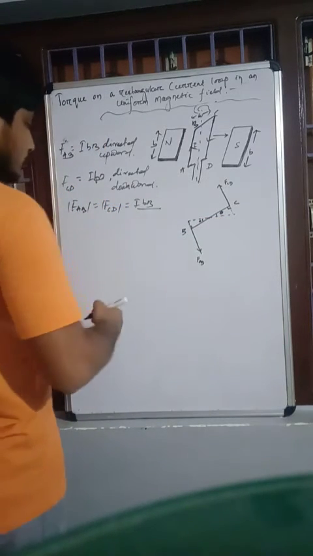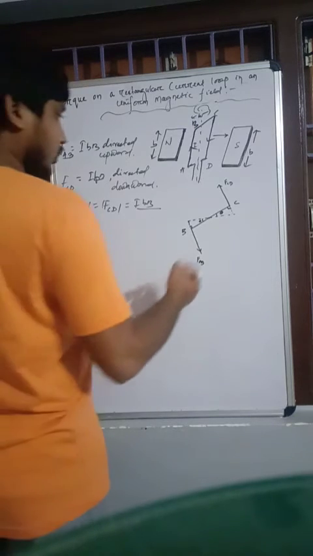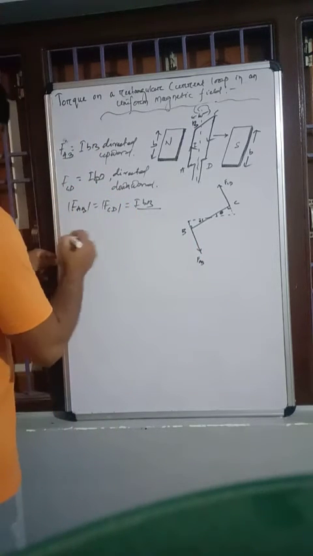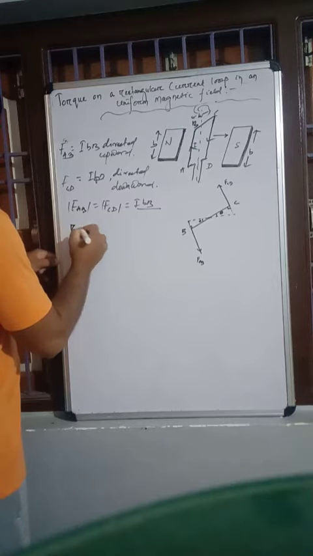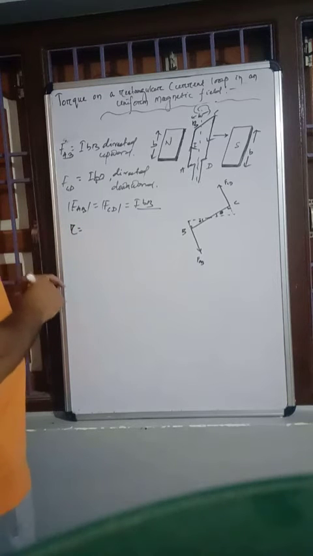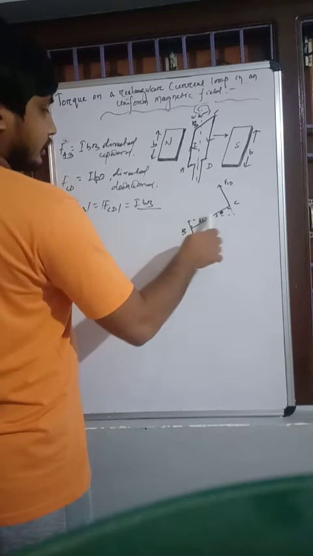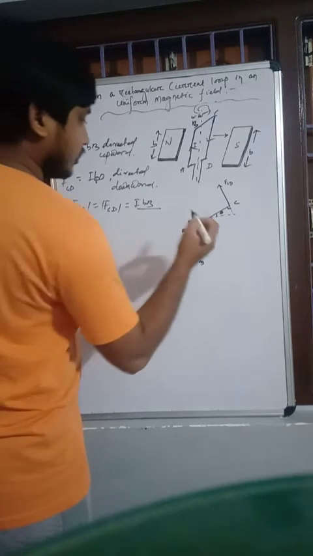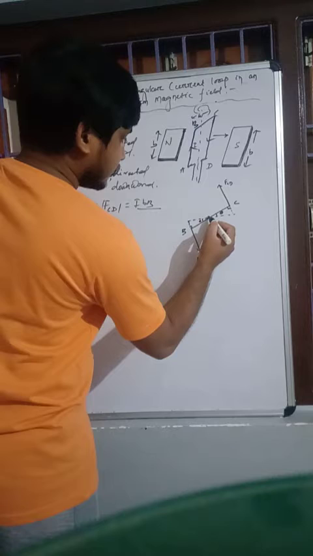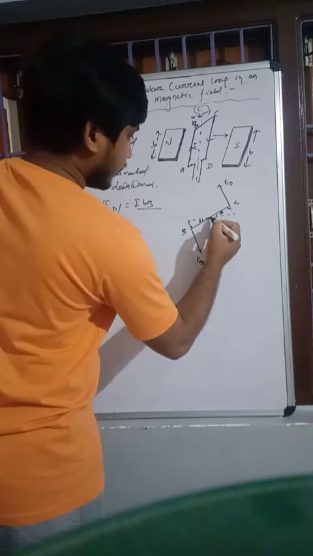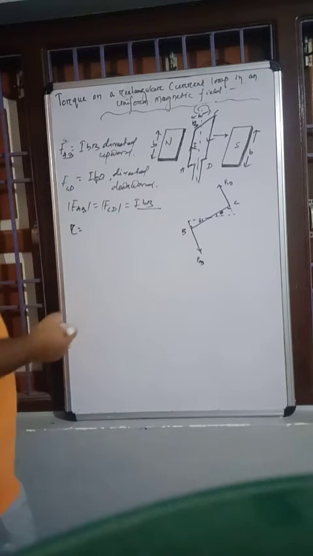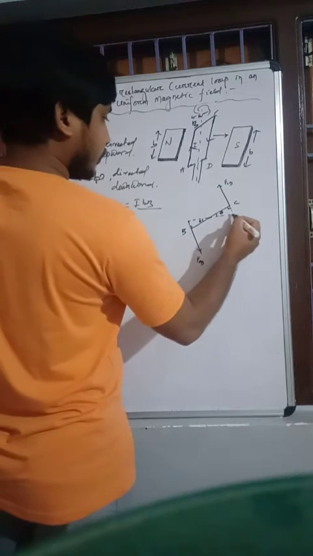Now I will calculate our torque. We know that tau is equal to force into the perpendicular distance. Here the perpendicular distance is this one, and in this case the perpendicular distance is this one. So you have to find out the perpendicular distance.